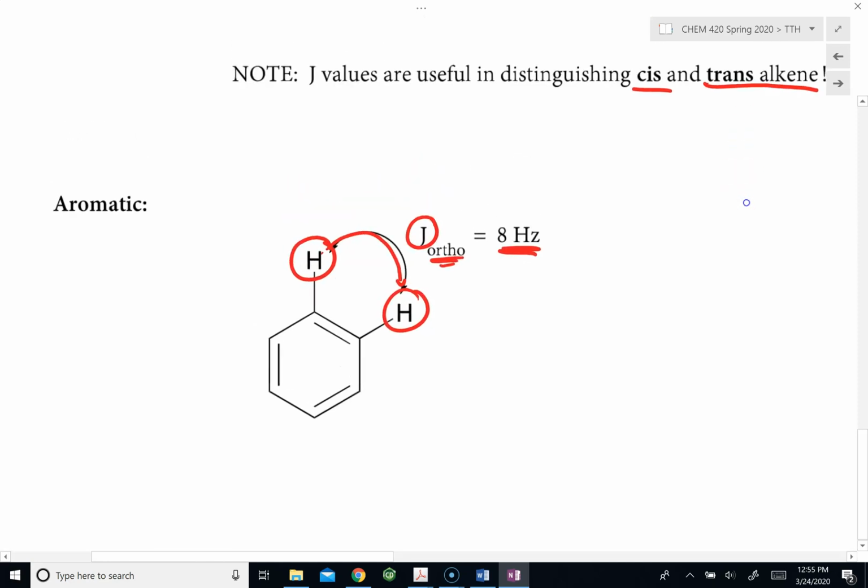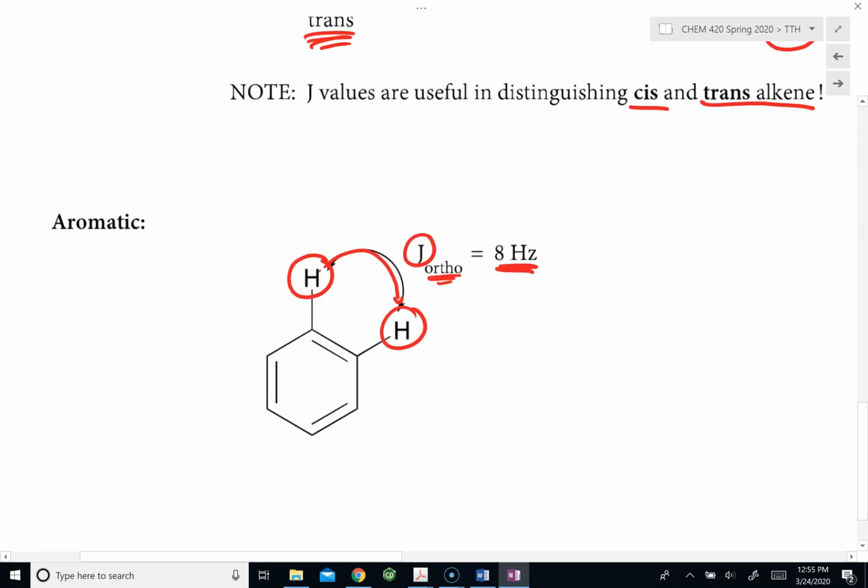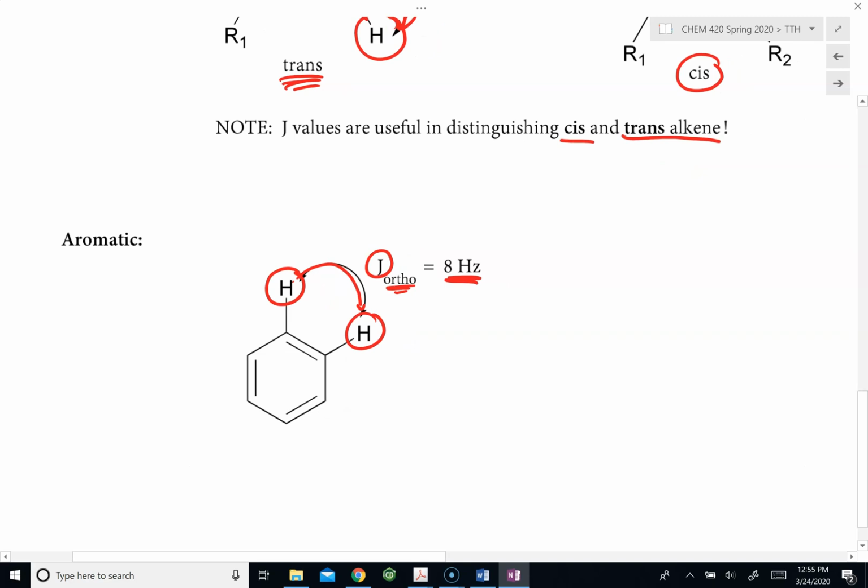So overall, the vicinal coupling is a very common type of coupling. It depends on the bond angle. It can be anywhere between 0 to up to about 10 or 15 Hz. And we can easily recognize this because these are hydrogens on carbons adjacent to each other.